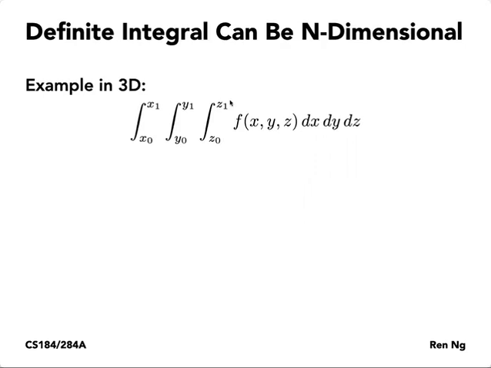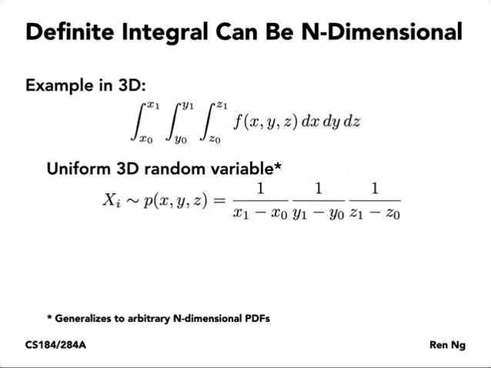If we take a uniform 3D random variable, and I did it for 3D here, but you'll see that this generalizes to arbitrary n-dimensional PDFs. Capital X sub i in the 3D sense is going to be given by a probability density function P of x, y, z.